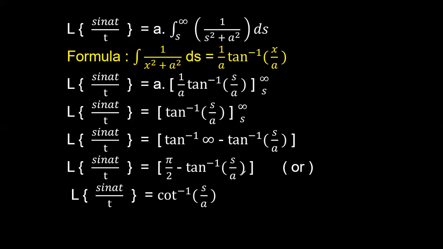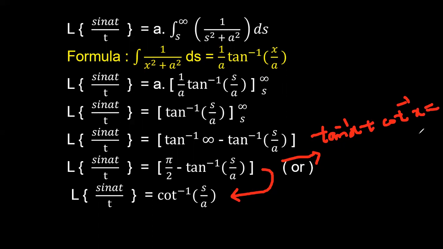I will just simplify this one into another form. You can write pi by 2 minus tan inverse of s by a in terms of cot, that is nothing but cot inverse of s by a. We have the general equation related to inverse trigonometric functions: tan inverse x plus cot inverse x is equal to pi by 2.